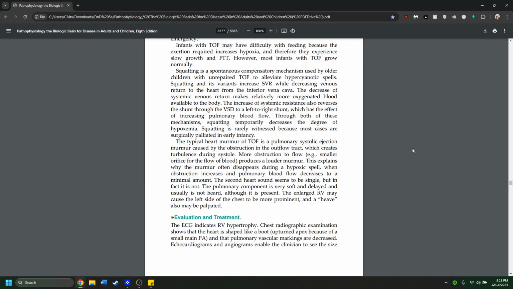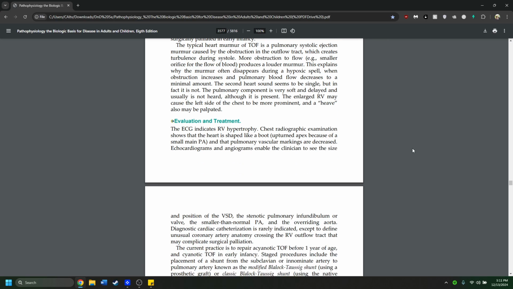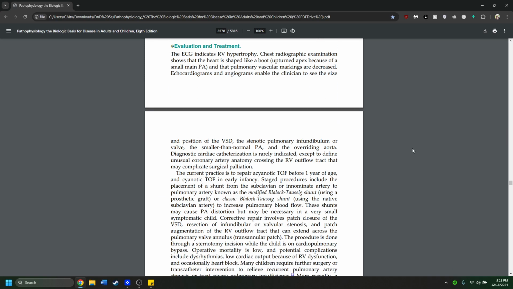So, what is our evaluation and treatment for the tetralogy of Fallot? Well, an EKG indicates right ventricular hypertrophy. A chest radiographic exam shows that the heart is shaped like a boot, with an upturned apex because of the small main pulmonary artery, and that pulmonary vascular markings are decreased.